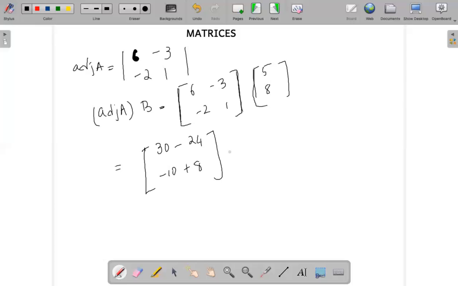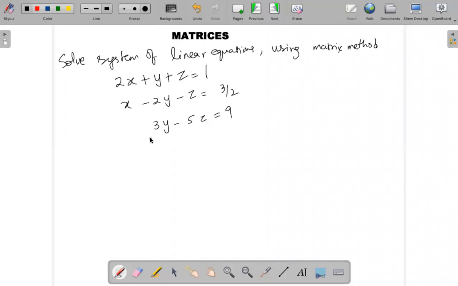After simplifying, we get 6 and minus 2, which is not equal to 0. So the solution of the given system does not exist, and it is not consistent.